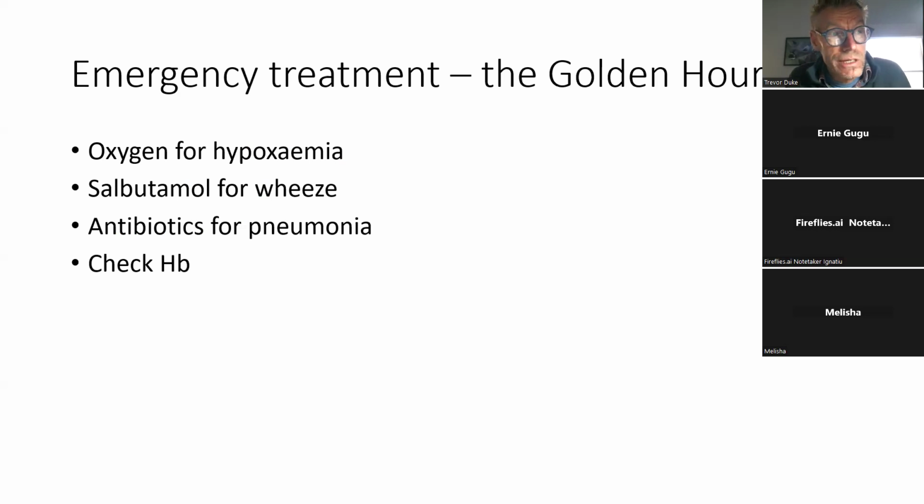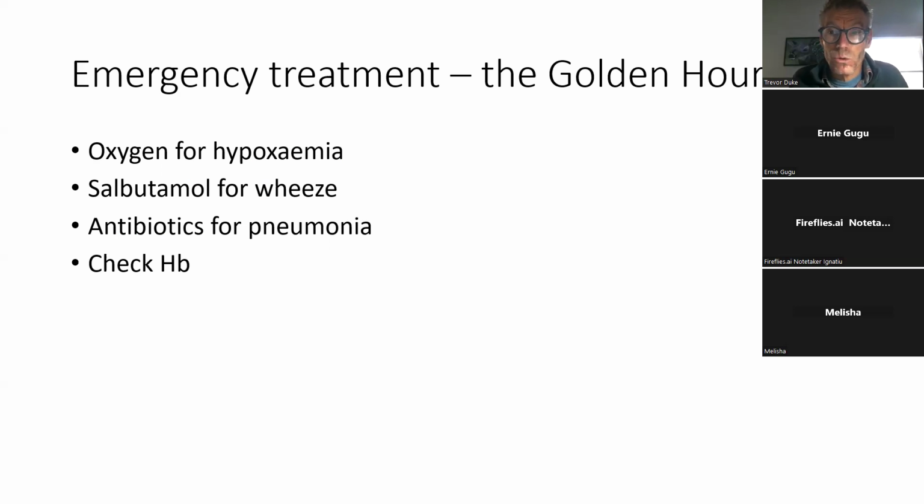There's a concept in emergency pediatrics, in intensive care, of the golden hour, and I think it's quite important. Consider all the emergency treatment, all the things that need to be done in the first hour to get the child stabilized, whether it's an intravenous drip, antibiotics, oxygen, etc., and some essential investigations.